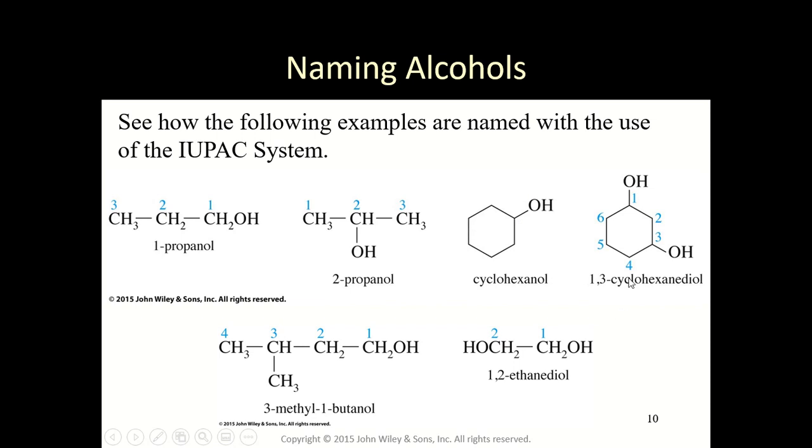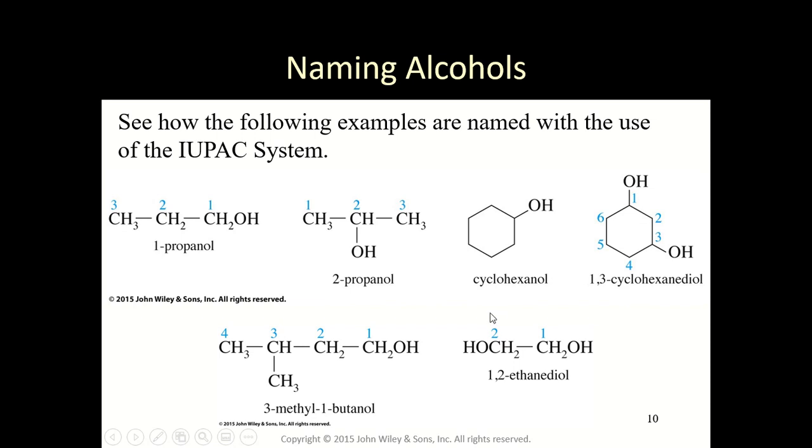In this case here, I've got 1,3-cyclohexanediol. Make it make sense. Everything there should. And just to note, we don't use ortho, meta, para for cyclohexane. We only use ortho, meta, and para for benzene.